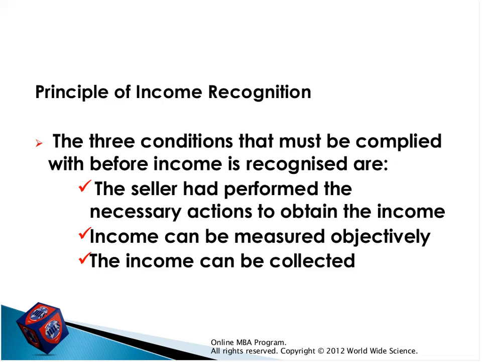The next one, income can be measured objectively. That means income is measured objectively in money terms, in currency units. For example, I do some consulting services. I would say my consulting for 1 hour would be $20. So this is the second, measured objectively. And why $20? Because I have made some market research, and mostly companies offer such consulting for $20 per hour.